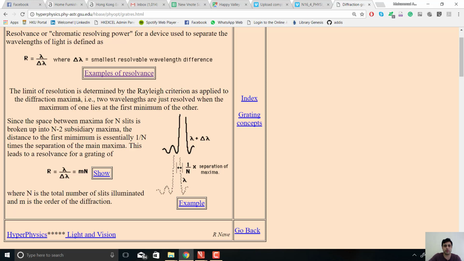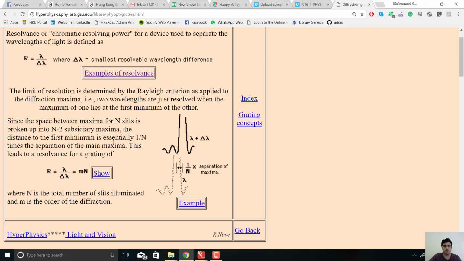So when the maxima and minima coincide with each other. Since the space between the maxima for N slits is broken up by N minus 2 subsidiary maxima, the distance to the first minimum is essentially 1 over N times the separation of the main maxima.